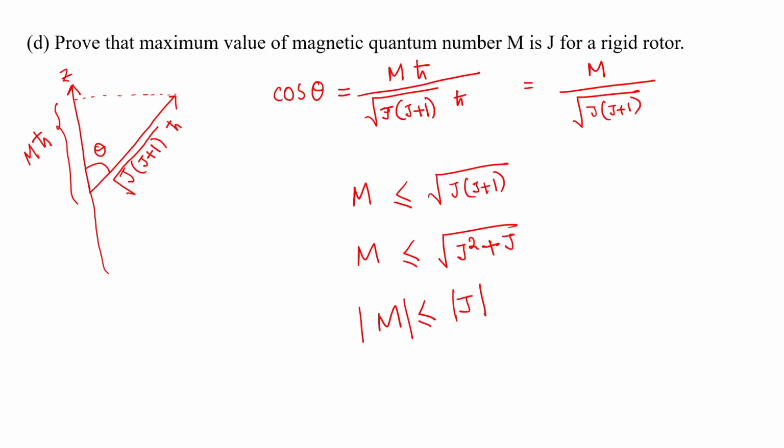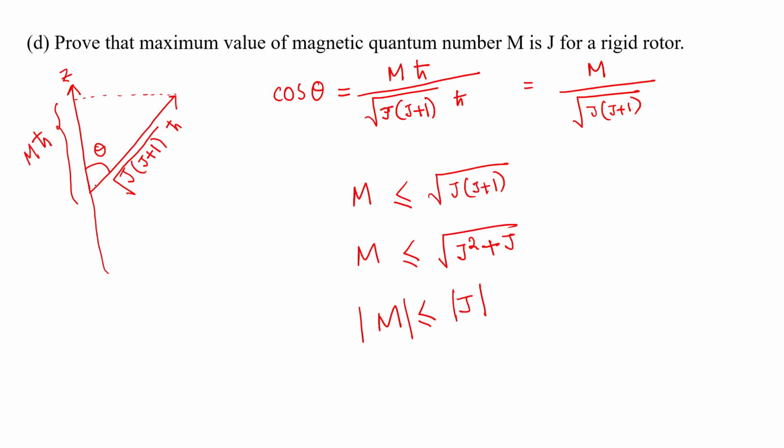Now, if you remember, it is actually never going to be equal to root over j square plus j, because this situation is going to arise when theta is very, very small.